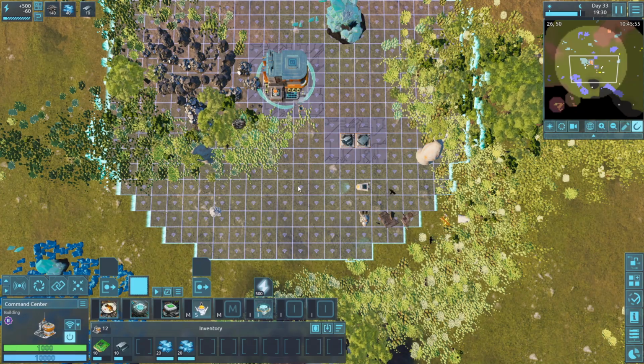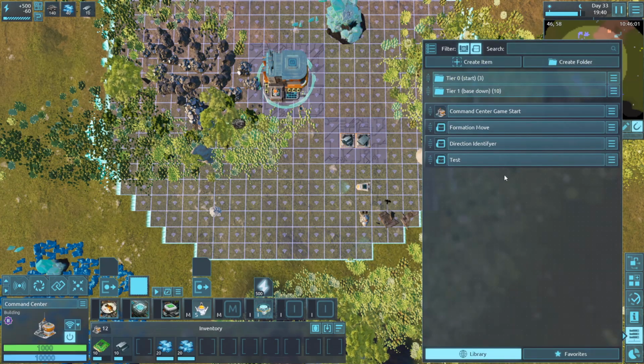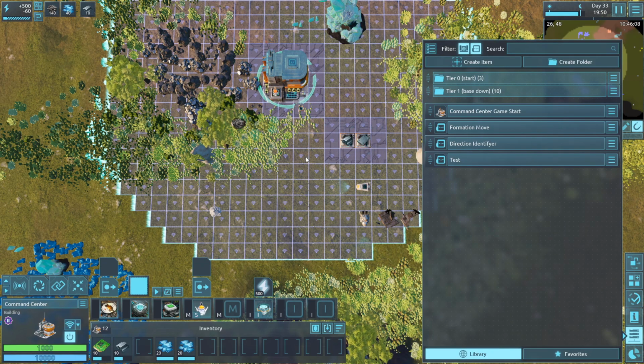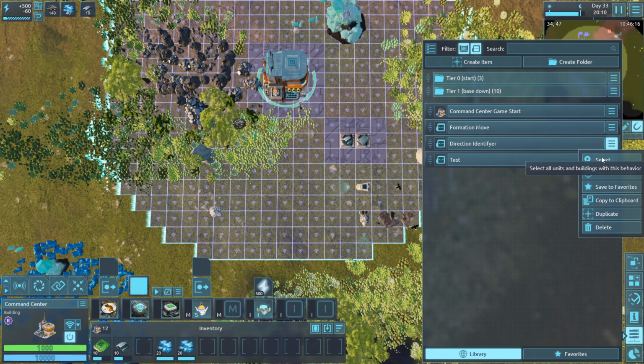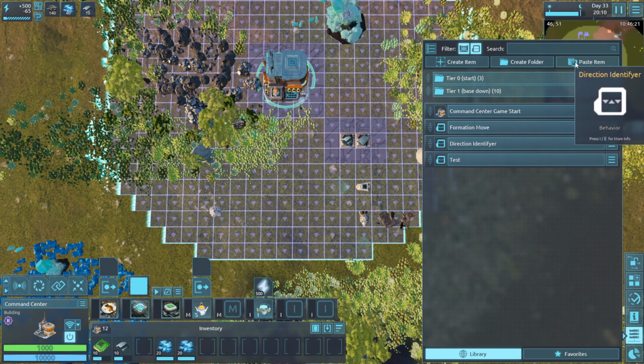But yeah, so I hope everybody got some value out of this. I will be pasting the behavior down in, not the comments, in the description, so you can just copy that behavior and just make sure you paste it in here. So you'll come over to it, you'll copy that crazy string of letters to your clipboard, and then you can just paste it right in.